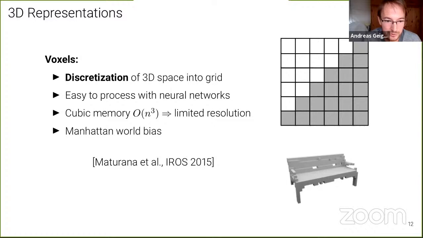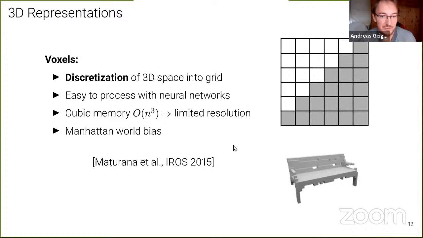One of the earliest works is this one here from IROS 2015, where they considered voxels as an output representation. Voxels discretize the 3D space into a regular grid. Here on the right-hand side, you can see a 2D cut and also a 3D version of this representation.